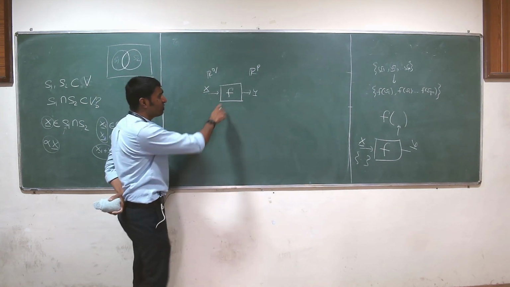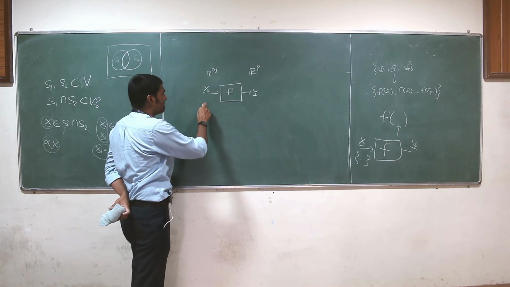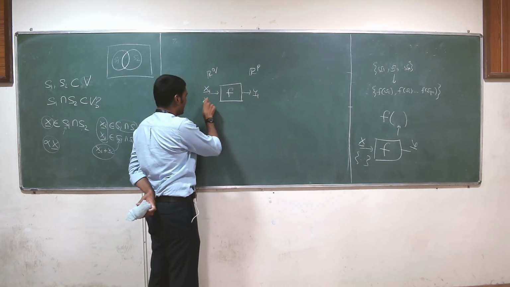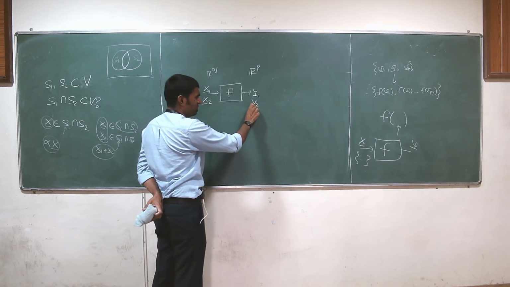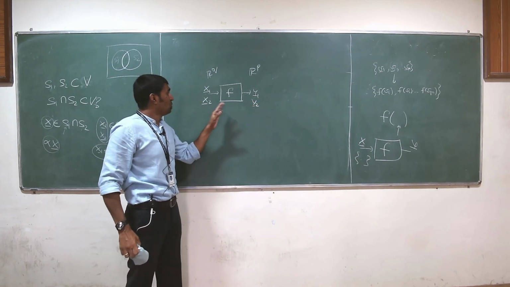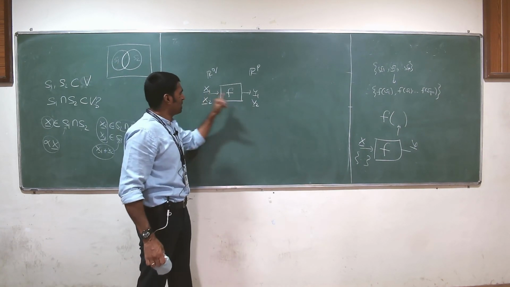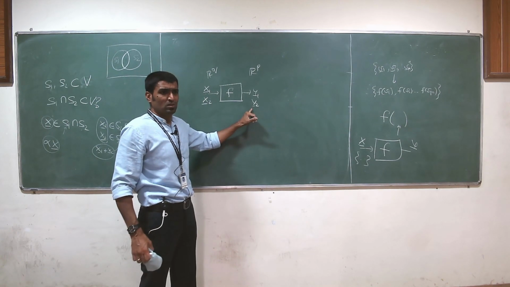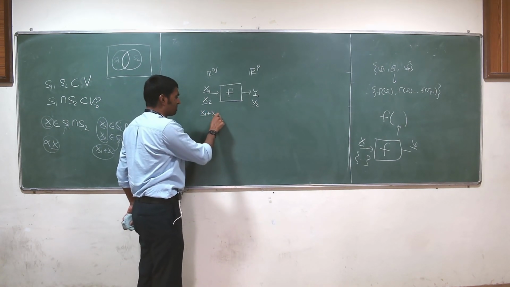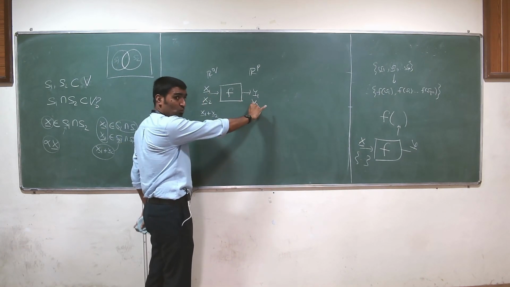If you say that this function satisfies the additivity property, that simply means if I give it x1 and I get y1, and I give it x2 and I get y2, and I ask you what you will get if you give x1 plus x2, given that you know x1 produces y1 and x2 produces y2, then you don't have to input x1 plus x2 to this function f to find out what the output will be.